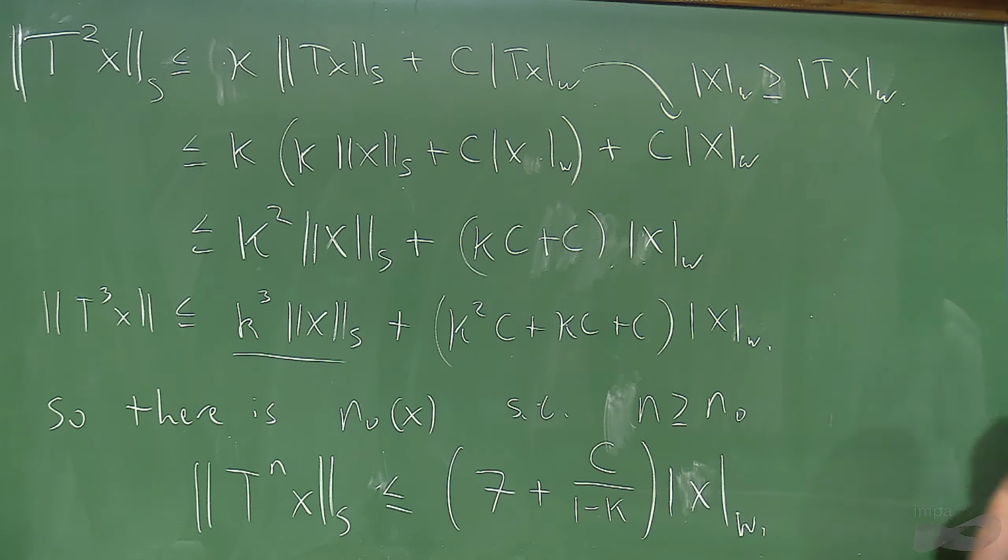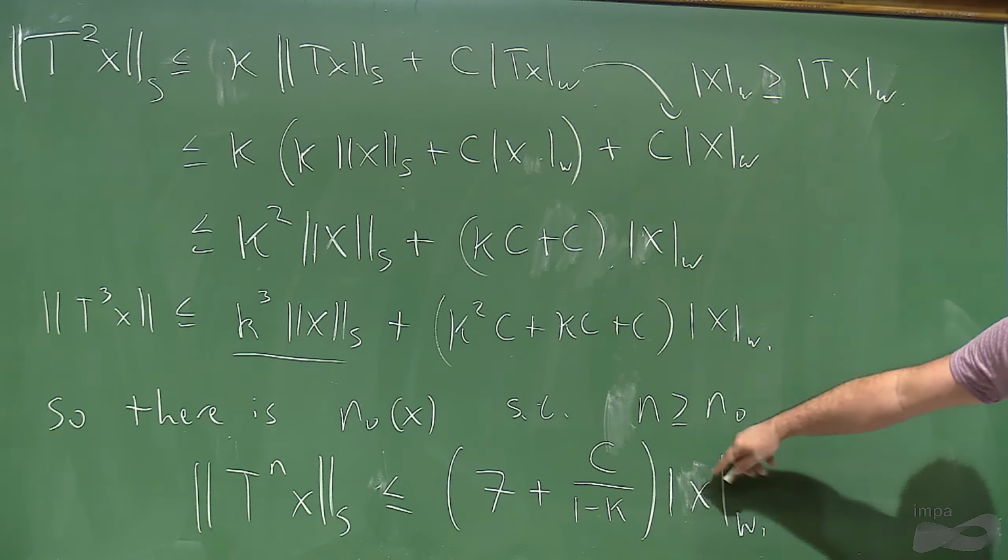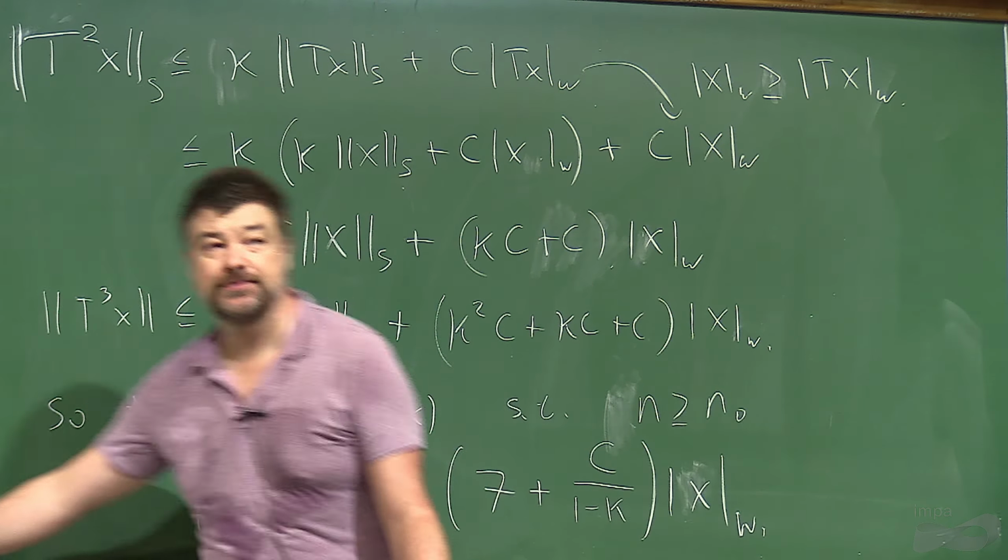So if you're willing to wait long enough, this thing is always uniformly bounded, times whatever your weak norm started out with.